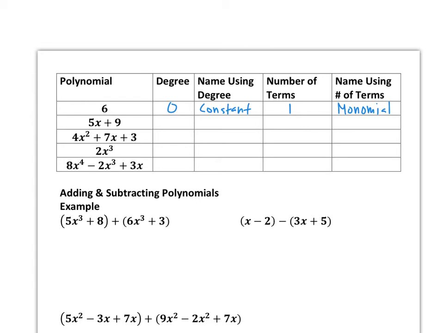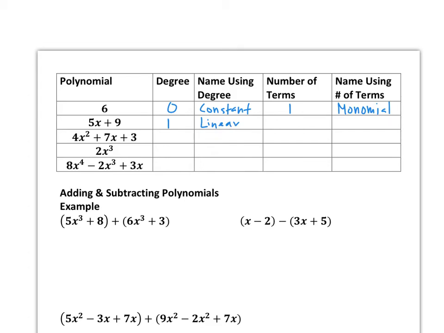All right, our next one here, the degree, all right, so the highest exponent that we have from one of the monomials, we have 5x, that's one of the monomials, its exponent is 1. The second one is 9, it's a constant, we know that degree is 0, so the highest degree there is 1. Okay, and the name that we give this when the highest degree is 1 is linear.